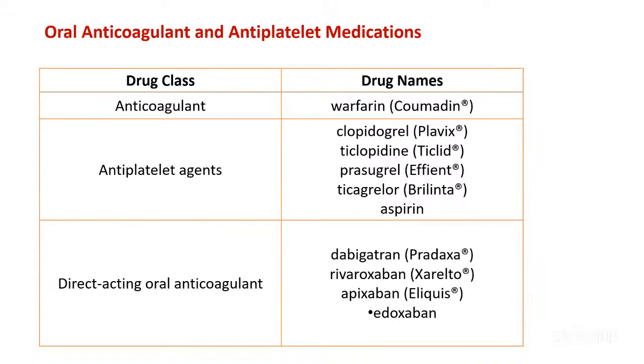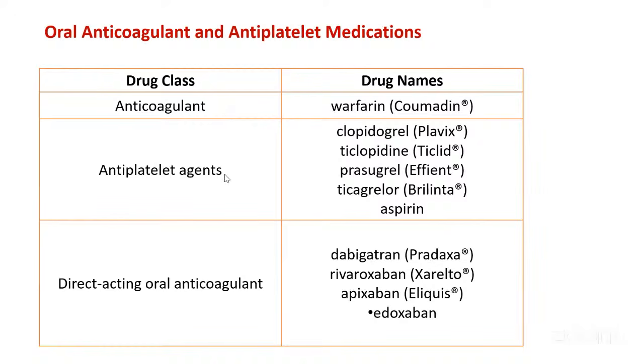So before we study the hemostatic agents, we would like to know what the types of oral anticoagulants and antiplatelets are that might impact bleeding in these patients. Basically, we have three classes. The first one is the anticoagulants, and these drugs act mainly as vitamin K antagonists, such as warfarin.